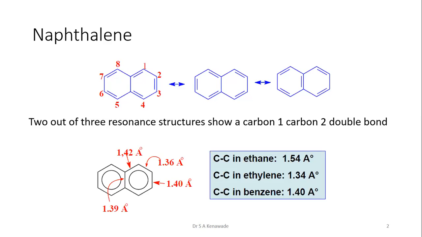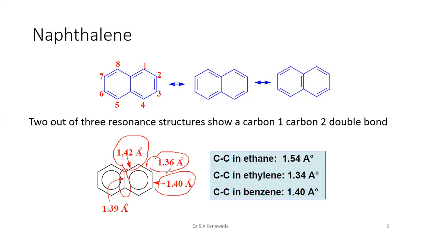If you look here, the carbon-carbon bond length in the naphthalene molecule is 1.42 angstrom, this is 1.36 angstrom, this is 1.40 angstrom, and the fused bond is 1.39 angstrom.